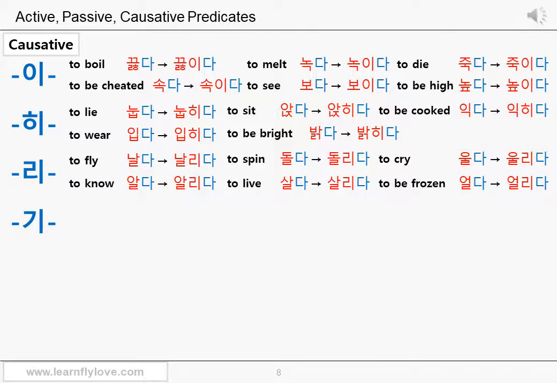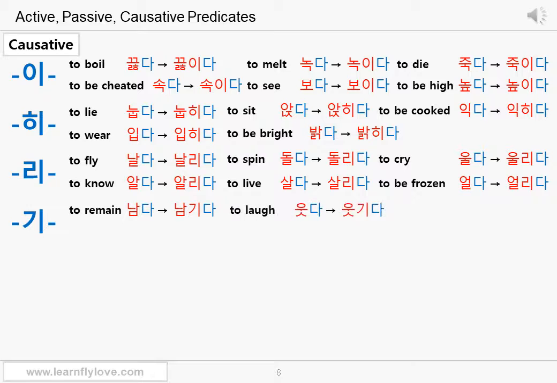Let's take a look at the predicates which take the affix 기 in the causative. To remain. When you say something such as time remains, you use the active form 남다. But when you want to say you leave something such as a stain on somewhere, you use the causative form 남기다 with the affix 기.